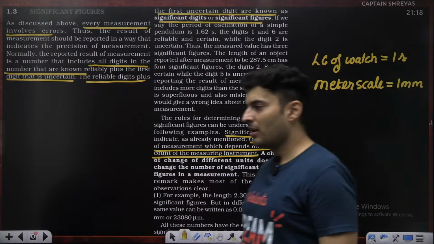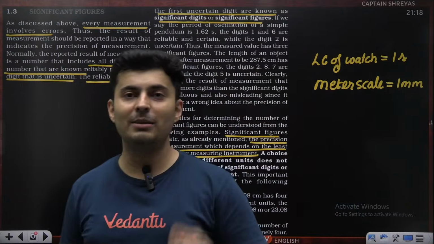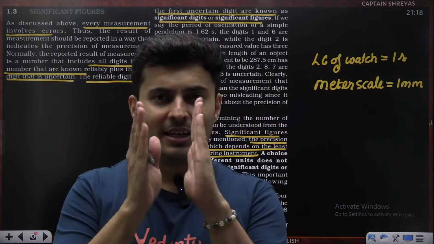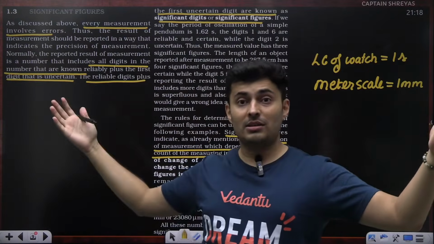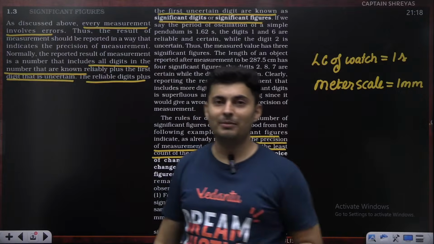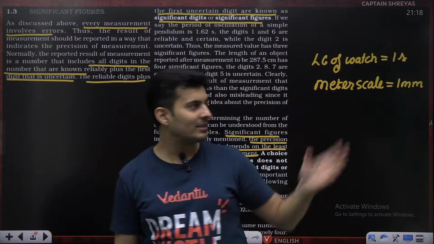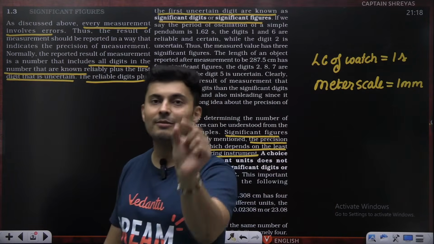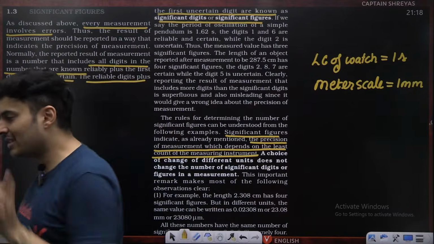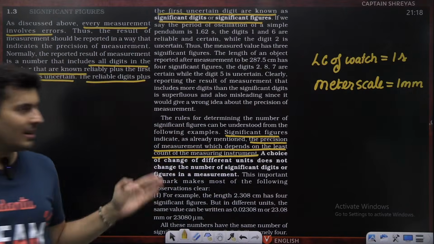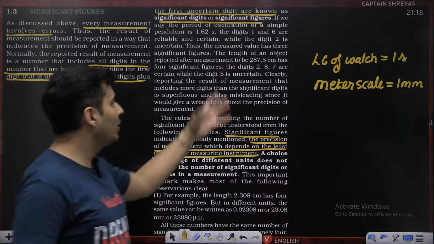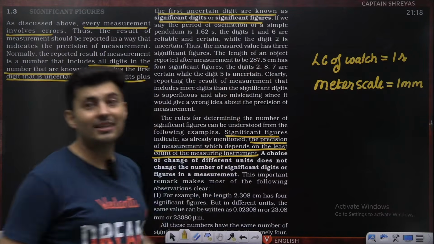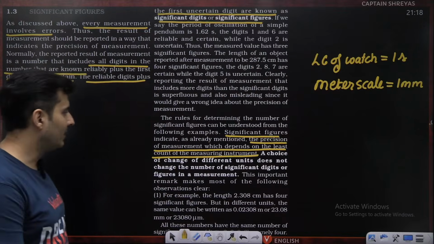You can't measure 0.001 millimeter, because the divisions are only that big. You can measure kilometers, but you can't measure 0.1 millimeter or 0.05 millimeter, because it is less than the smallest division on that scale. That smallest division on the scale is called the least count, and that decides how precise you were able to make this particular measurement.